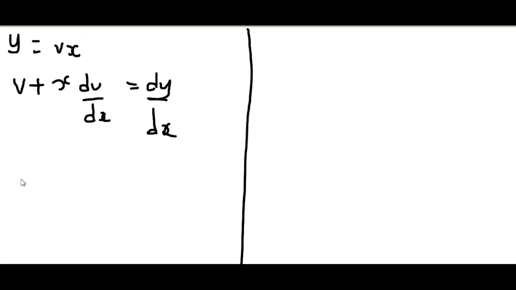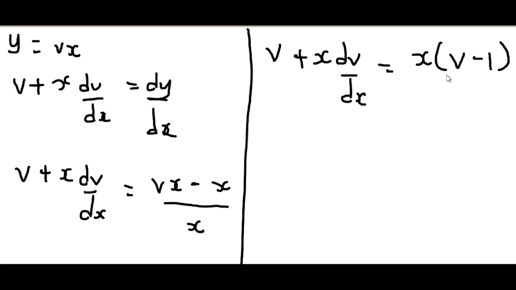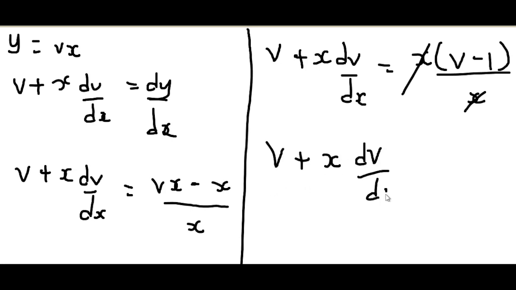It's going to be v plus x dv over dx equals, our y is vx, minus x, over x. So it is v plus x dv over dx equals x times (v minus 1) over x. This x and this x cancel out.